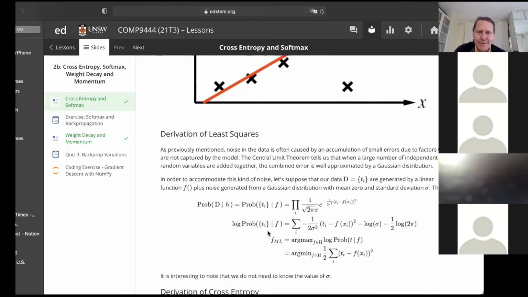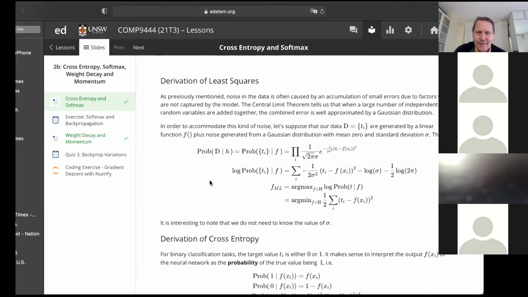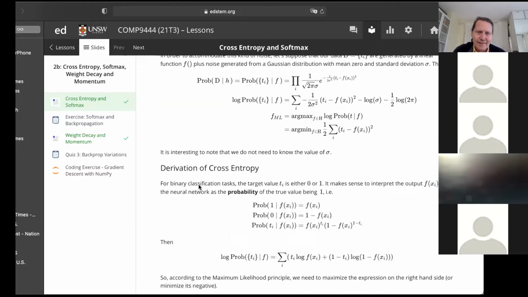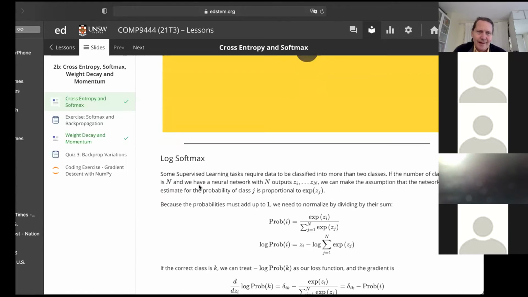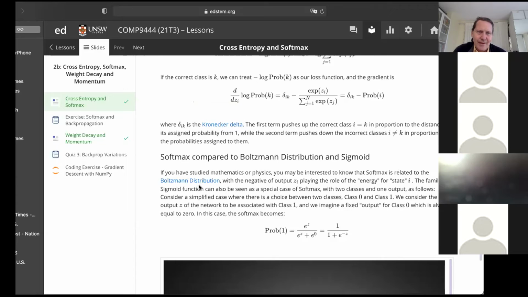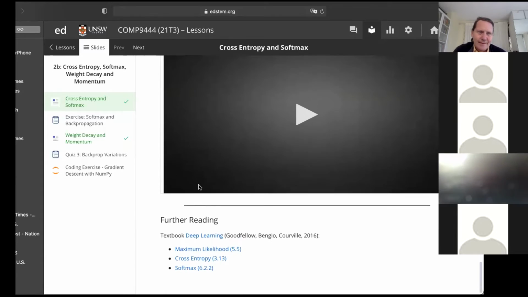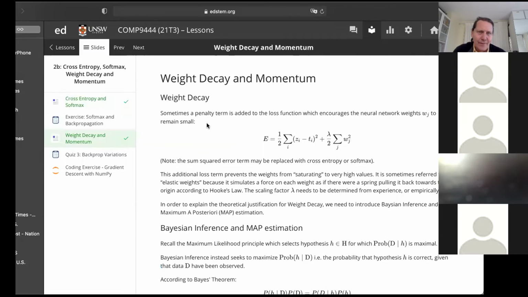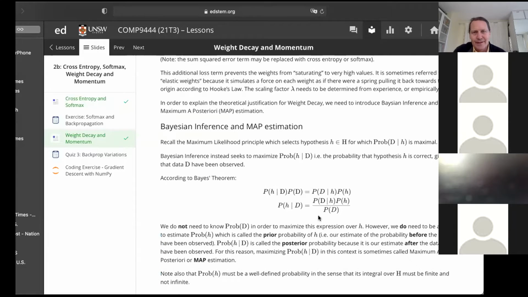So this is where we'll use the Gaussian distribution and the conditional probability. And then when we get to weight decay and momentum, for weight decay, we'll be using Bayes' rule.